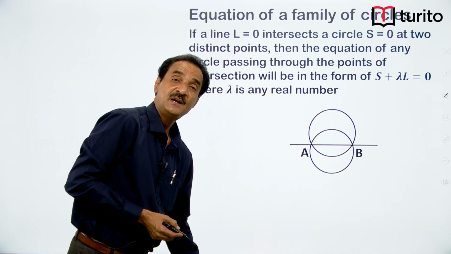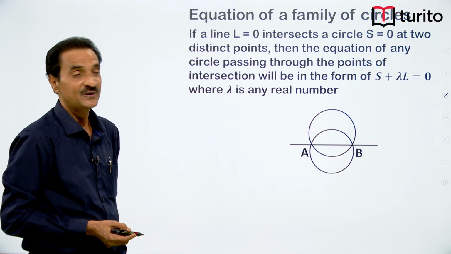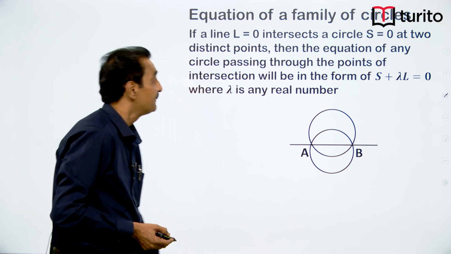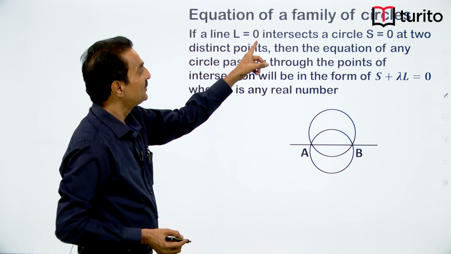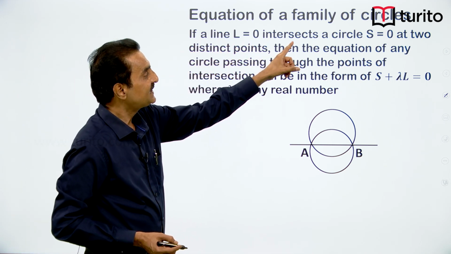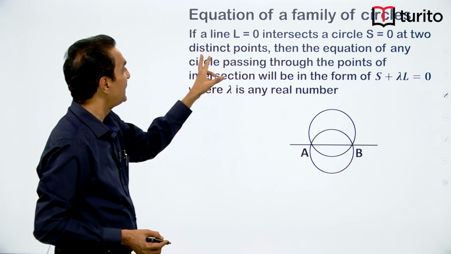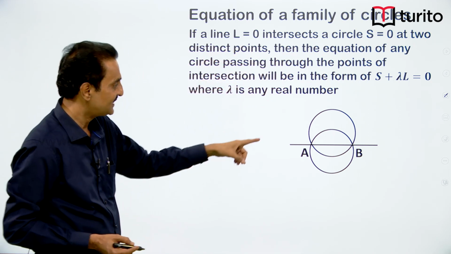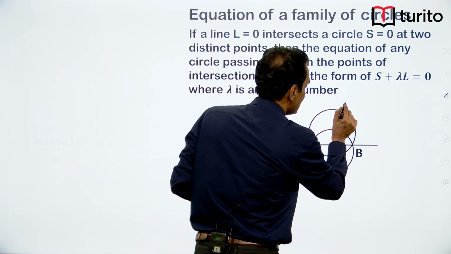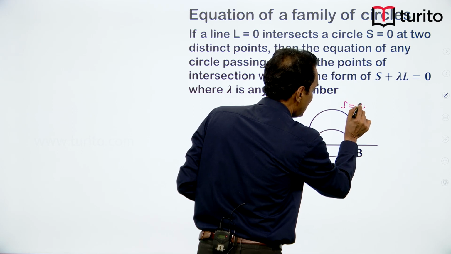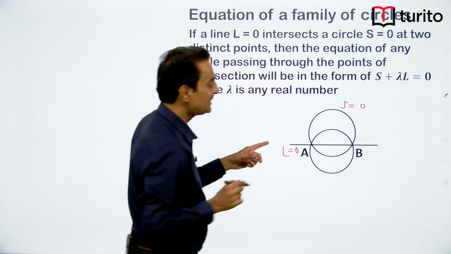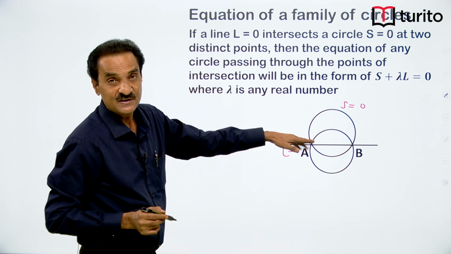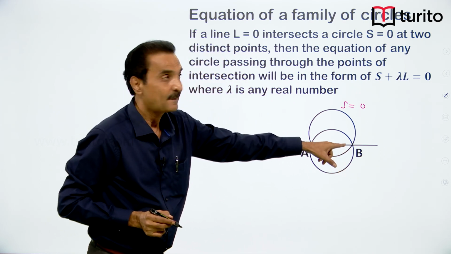Next, a very important property I am going to discuss. Let a line L is equal to 0 intersect a circle S is equal to 0 at two distinct points like this. This is circle S is equal to 0, this is line L is equal to 0. It intersects the circle at two distinct points.